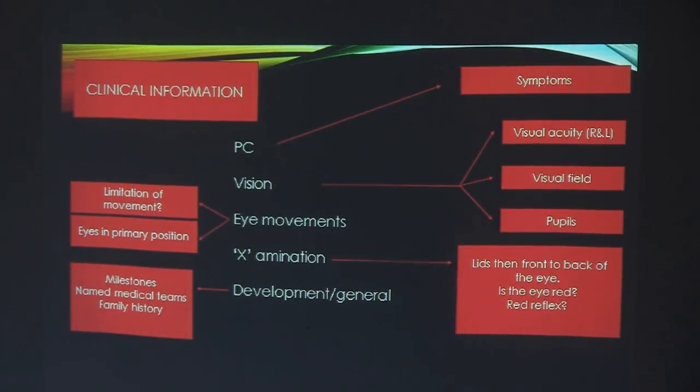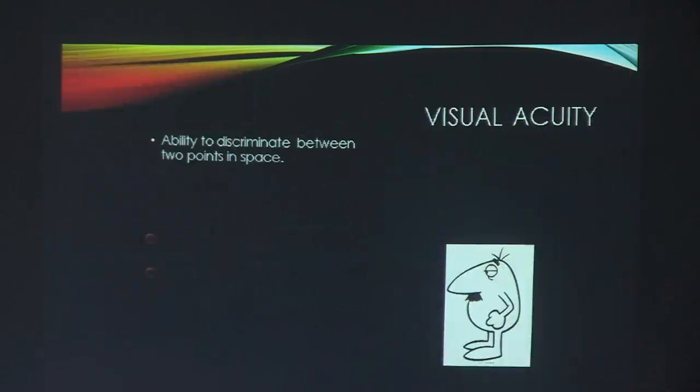And really importantly for paediatric ophthalmology, as distinct from other walks of ophthalmology, what's happening in terms of developmental progress. That can be a helpful thing as well. If there's a neurodegenerative context, then that completely changes the type of pathology we might be thinking about.